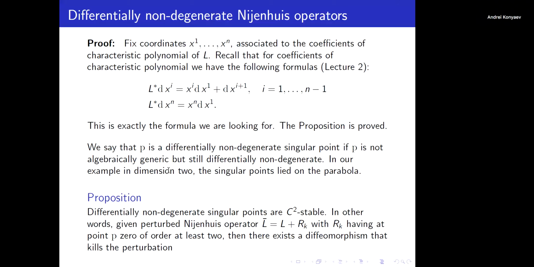And then we write the formula, and we will see that in terms of these coordinates, the L star operator has the following form, right? And if we look carefully at this formula, which I think was called the magic formula in the first lecture, or maybe the second lecture, but somewhere in the beginning, we see that this is exactly this form.